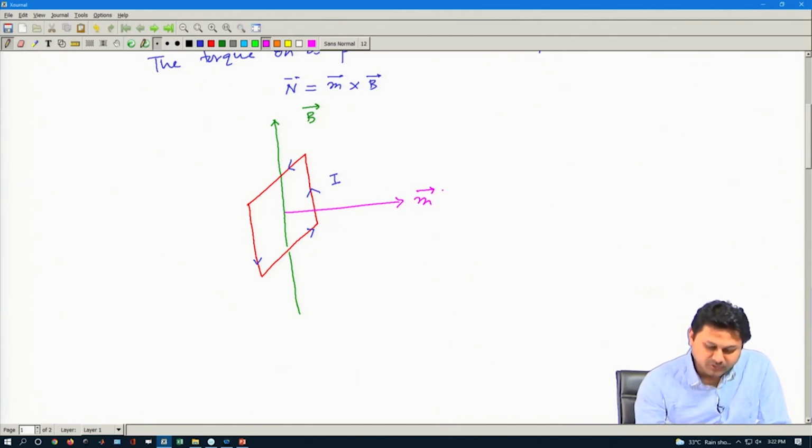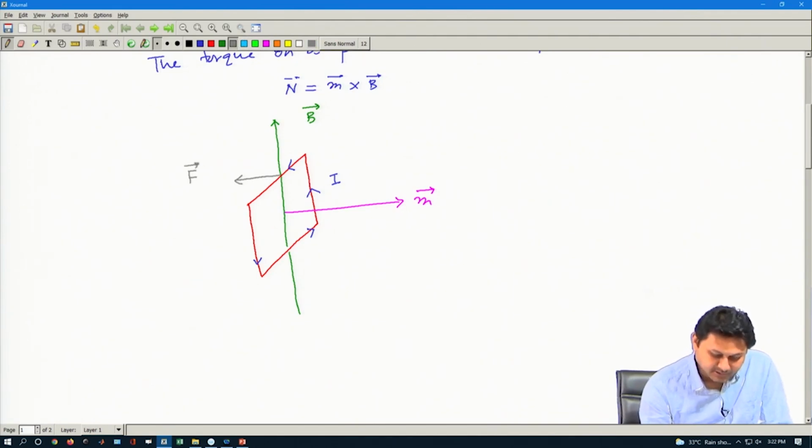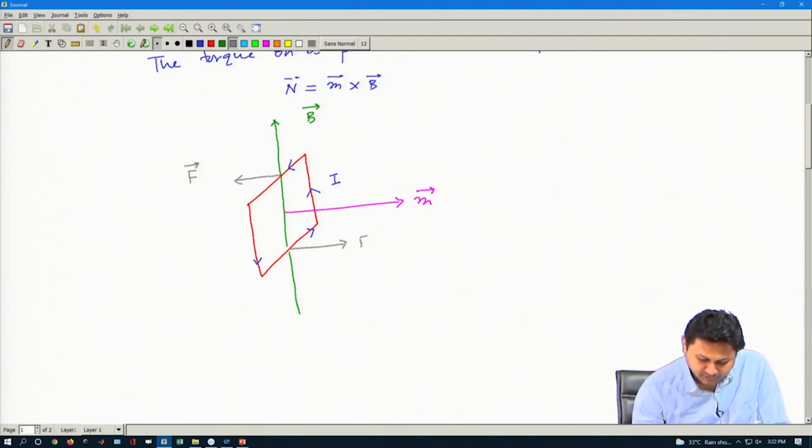The force that we experience in the system should be equal and opposite, and this is the force that will be experienced here. Since the current is moving in the opposite direction in this side, I will have another force that gives rise to a torque, and the direction of the torque should be along this.